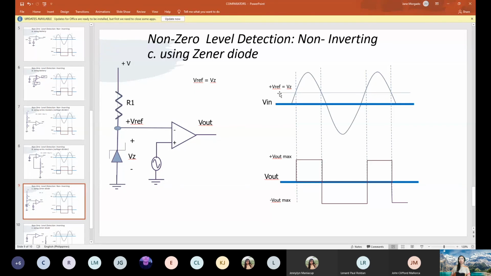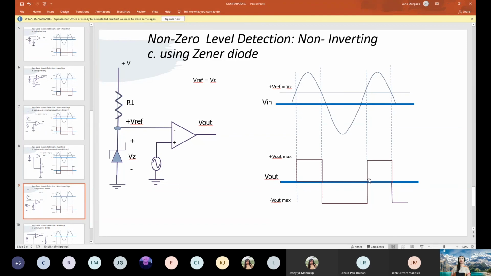So every time your input voltage, a sinusoid here, crosses the reference voltage, which is equal to the Zener voltage, this part would have a positive output, while from this point to this point, you'll have negative output.